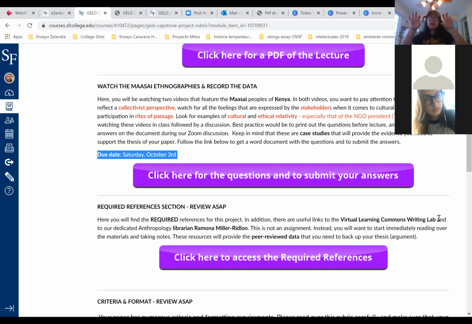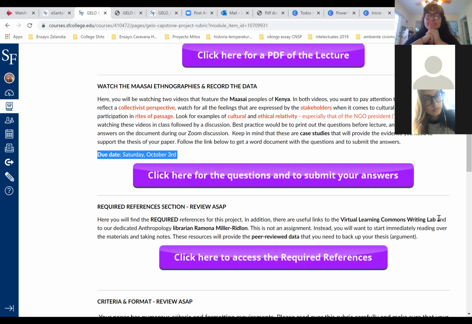Again, it's comparing Maasai and the universal rights document with your policy. So you're kind of making a policy of what you think should be done, comparing the UN universal rights document with the Maasai culture and how that works. Okay. It's a lot to think about, but does that answer your question? Yeah, it does. Thank you.